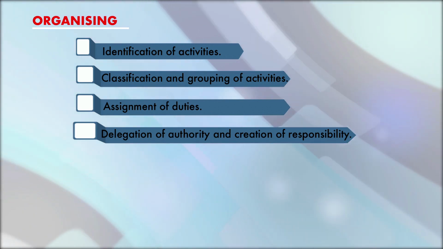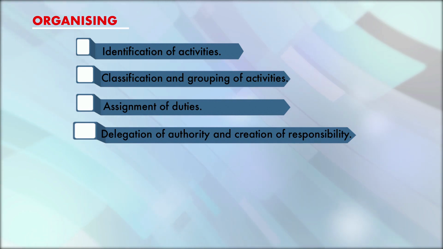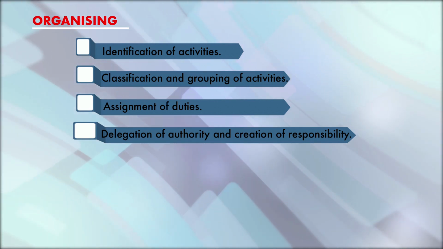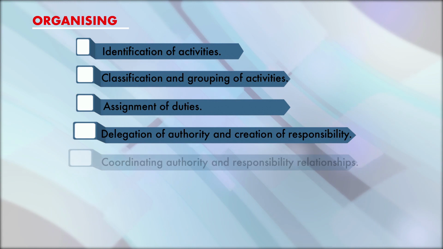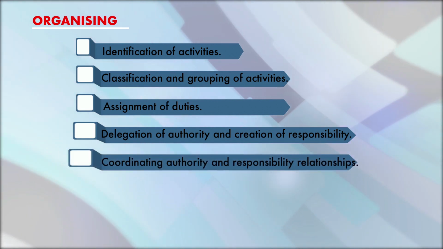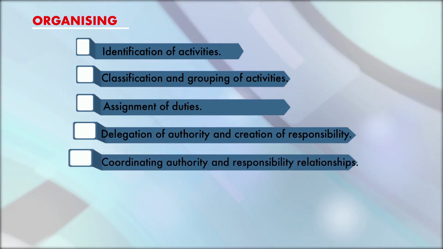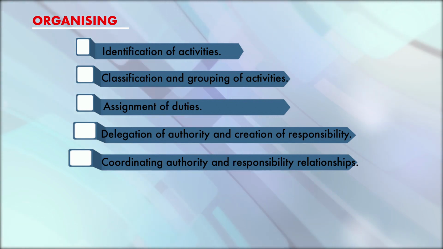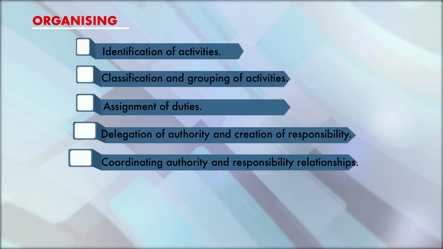So, for organizing, delegation of authority by the manager to the staff is very necessary. But after this delegation of authority, proper coordination is needed. Coordinating authority and responsibility relationship.